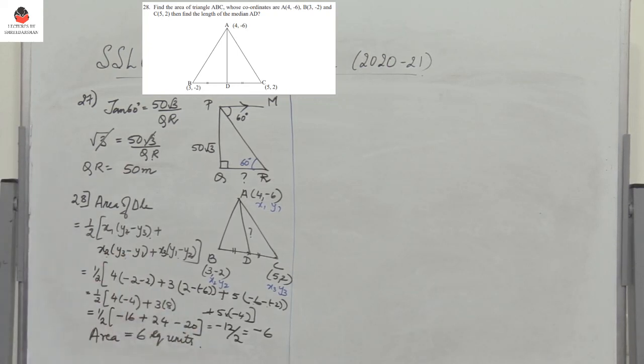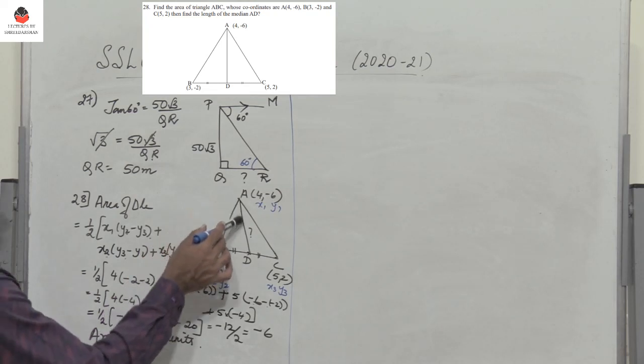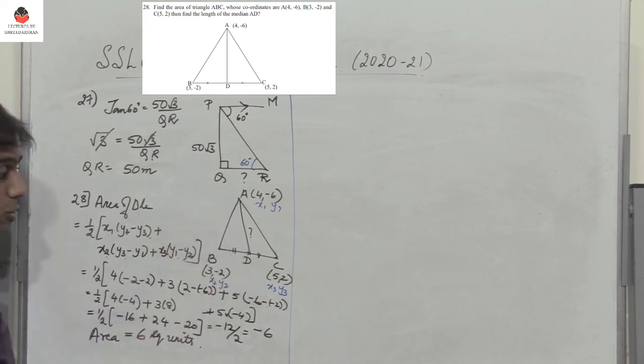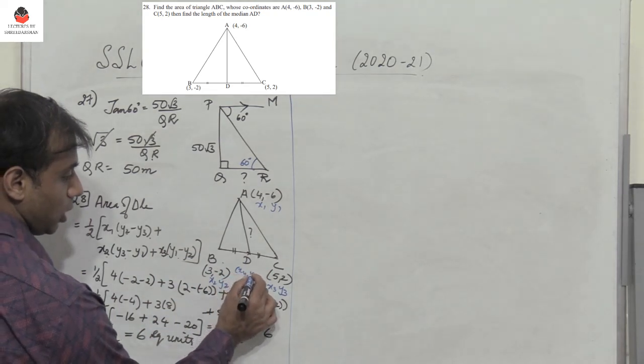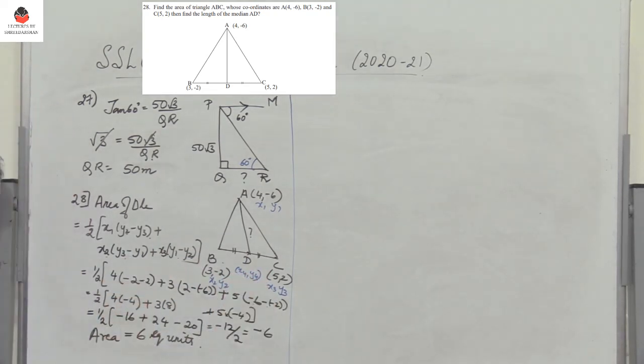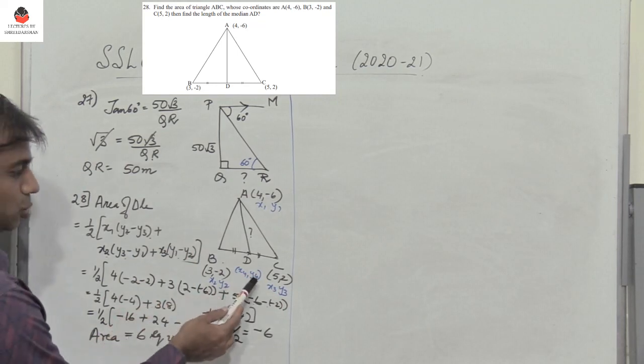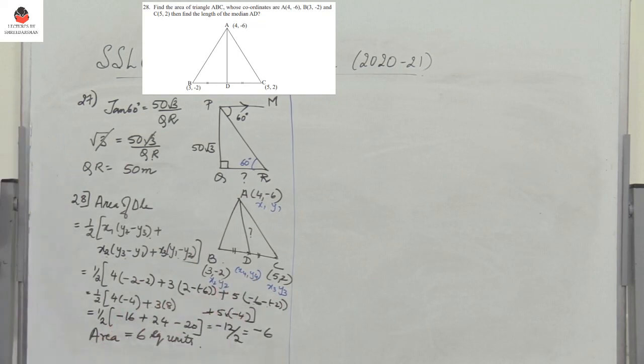Now what else has been asked? One more thing has been asked. We need to find the length of the median AD. So I need to find the length of the median AD, but we also know that D is the midpoint of B and C. So let this be x4, y4. So what is D? D is (x2 plus x3) by 2 and (y2 plus y3) by 2, the two coordinates.